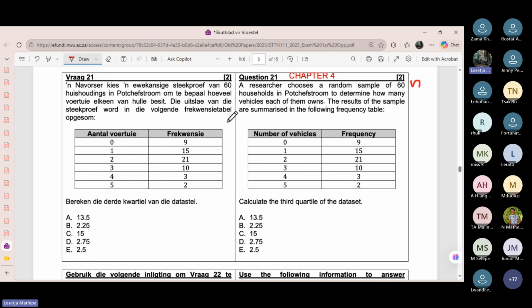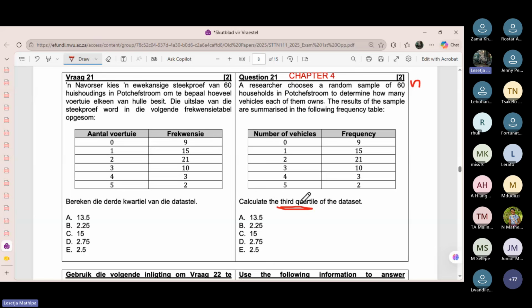So you are required to calculate what? The third quartile. I want you guys to try this one and get the third quartile. Remember, when they say calculate the third quartile, they don't want the position, because there's a difference between that and a question where they say calculate the position of the third quartile. For that one, you know that it is 3 times n plus 1, divided by 4.